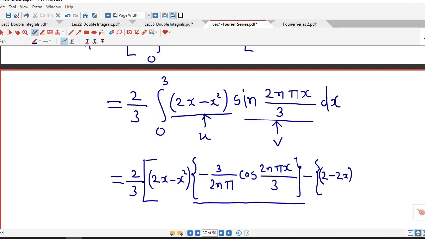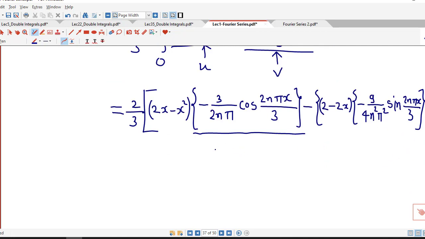So integral of cosine is sin 2n pi x by 3 into 3 over 2n pi. So we have square of 3 over 2n pi, which is minus 9 divided by 4n square pi square sin 2n pi x divided by 3.